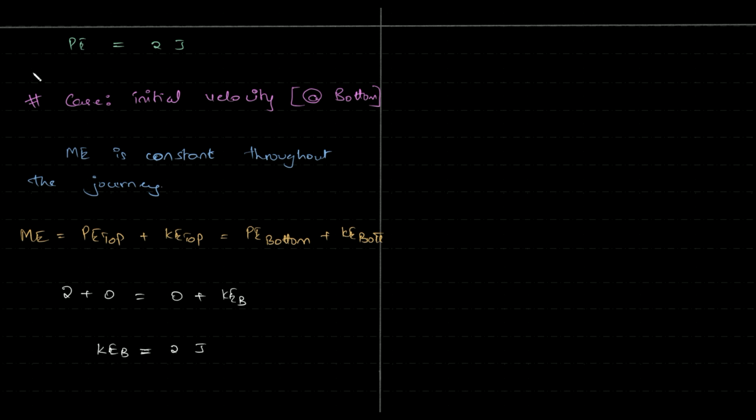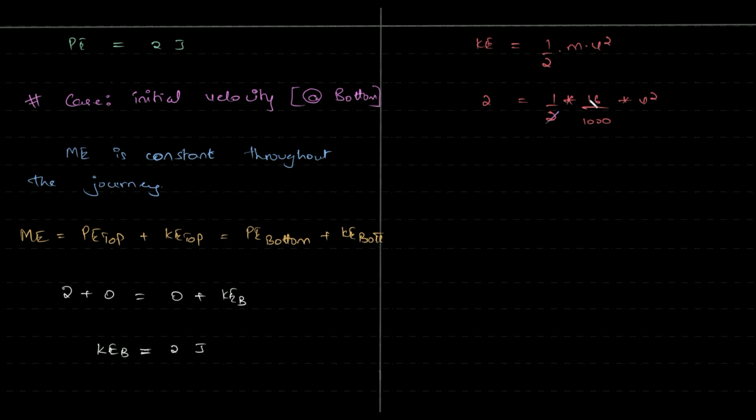Okay guys, so we know the kinetic energy, and thus we're able to find the velocity. Kinetic energy is equal to half mv squared. So 2 is equal to half, mass is 16 by 1000, into v squared. Let us transpose and all of that.